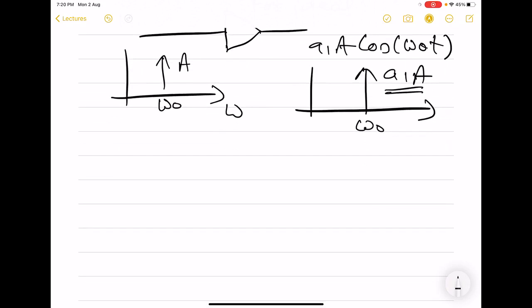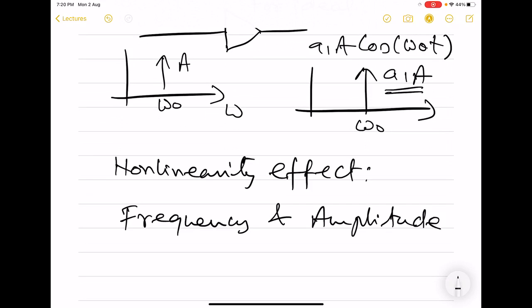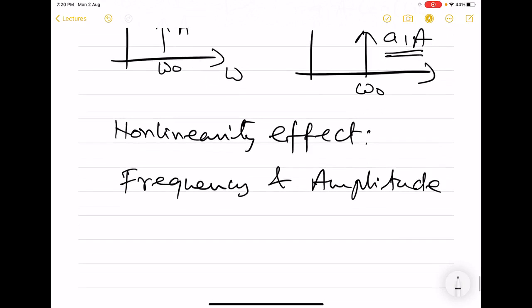So the effect of nonlinearity will be visible on both the frequency content of the output and the amplitude of the fundamental on the output side.